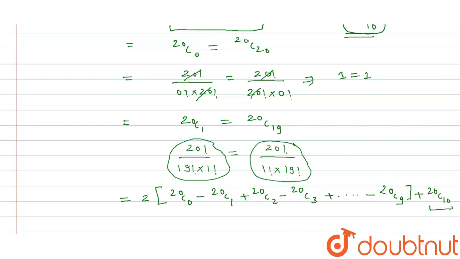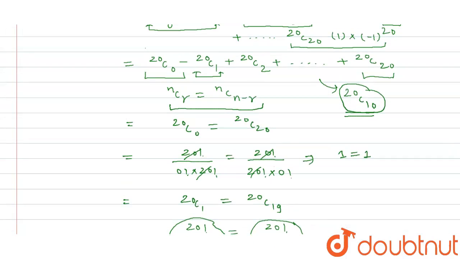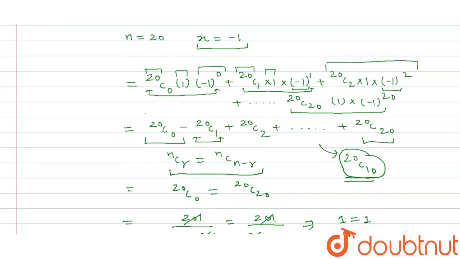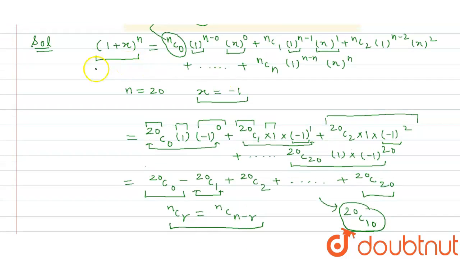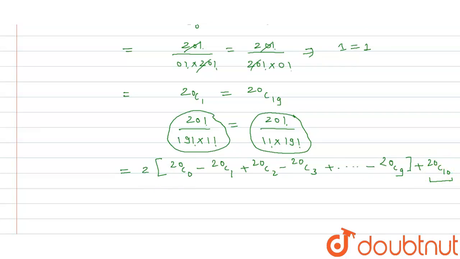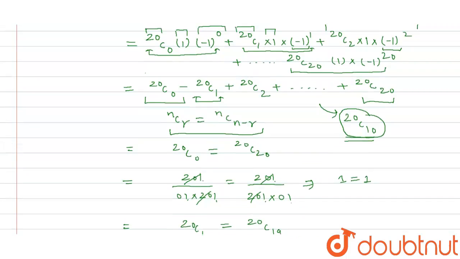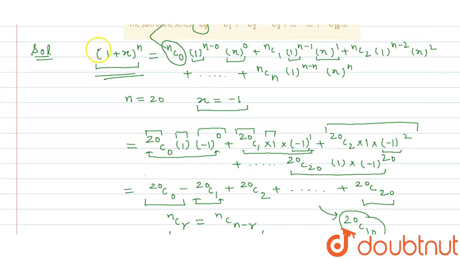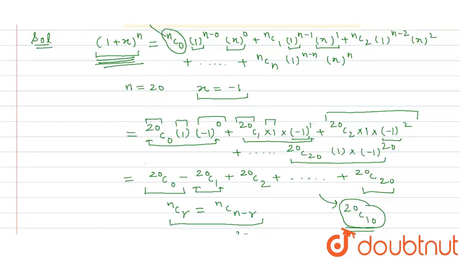Now the left side of this expansion is (1 plus x) raised to the whole power n. So when I compare this left hand side with (1 plus x) raised to the power n, I have to write x equal to minus 1.